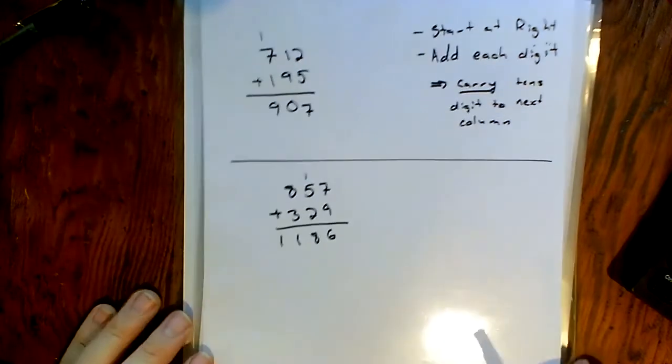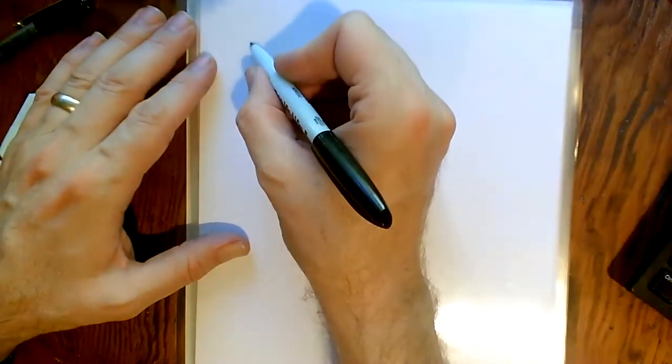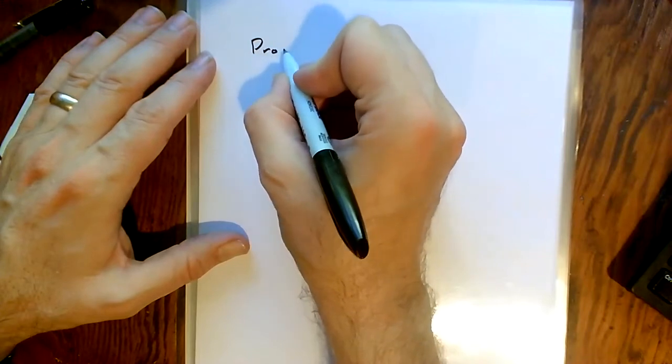Now, there's a couple properties of addition that I do like to talk about. This is a few things that it's helpful to know, especially when you get into algebra. So let's talk about some properties of addition.